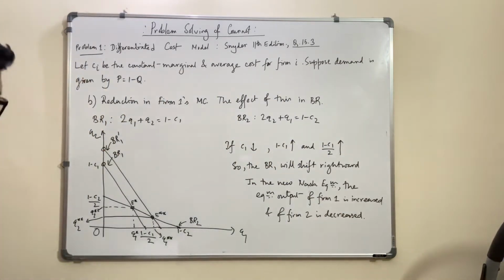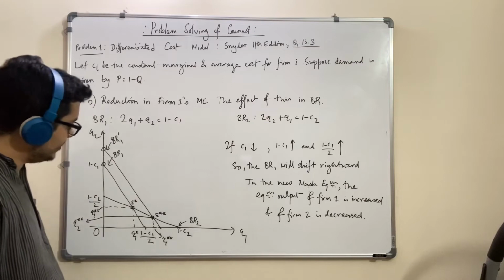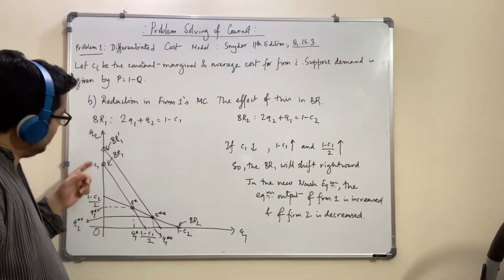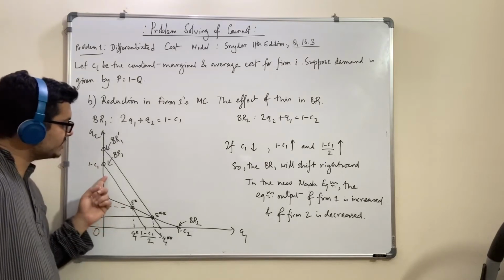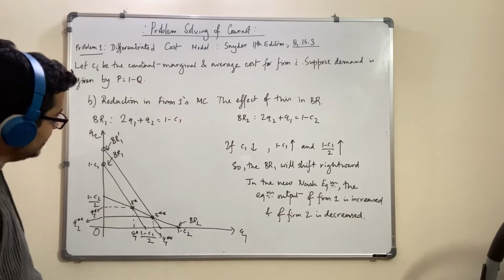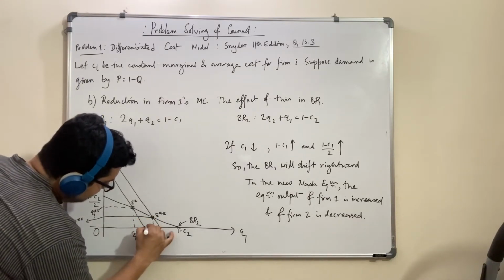Okay. Now the last thing is draw a representative isoprofit curve for firm 1. So we know that isoprofit curves will have their optimal points on this best response function, right? So if you have to draw a representative isoprofit curve, then we will have one for E star.